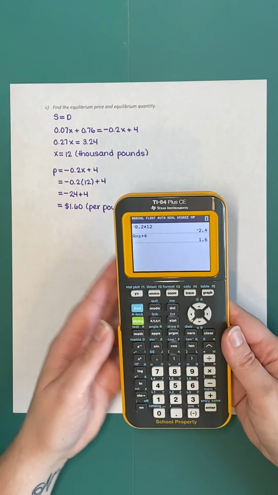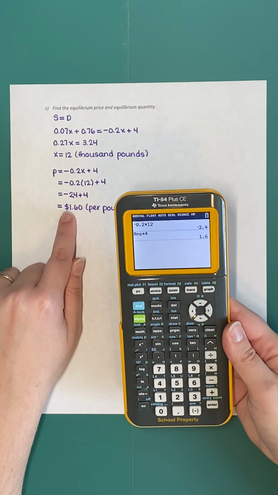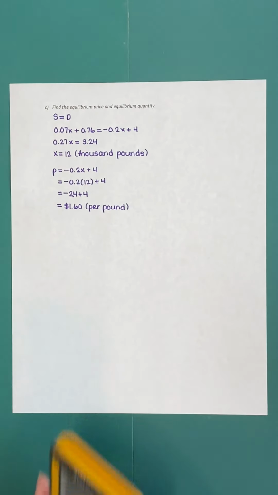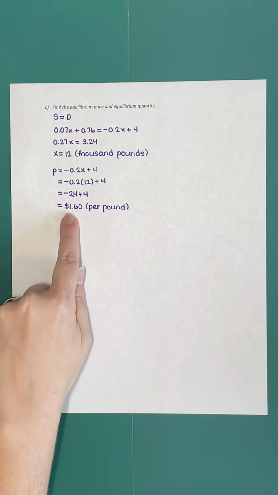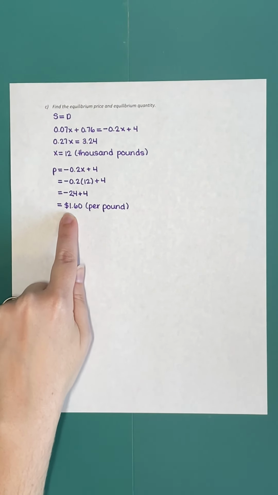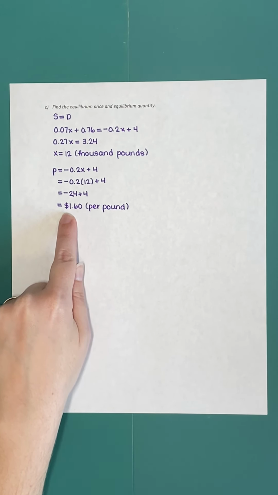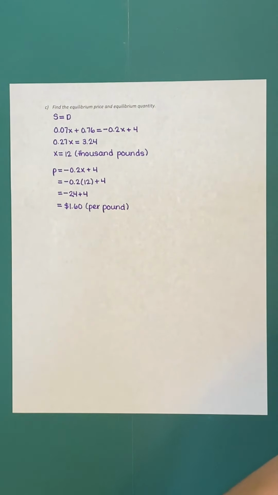We're talking about a price, so the units are dollars, and 1.6 means $1.60. So that's going to be $1.60 charged per pound. That is the equilibrium price. That's the ideal price to charge so that suppliers are supplying as much as they're willing, but everything supplied is also being purchased by consumers.